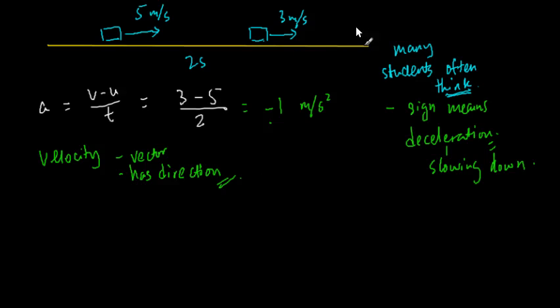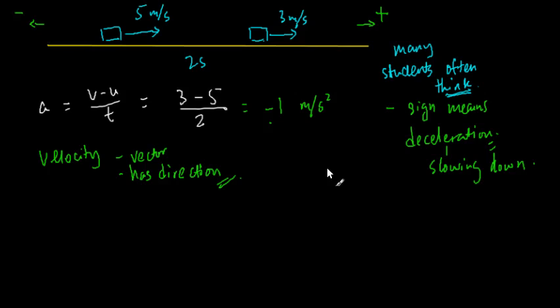But in this case, when we have motion along a straight line, the way to do it is to choose either one direction along the straight line as the positive direction. So you can either choose this or this as the positive direction. Usually, for some reason, many people would naturally choose the right side to be positive and left side to be negative, but I can equally well choose the left side to be negative.